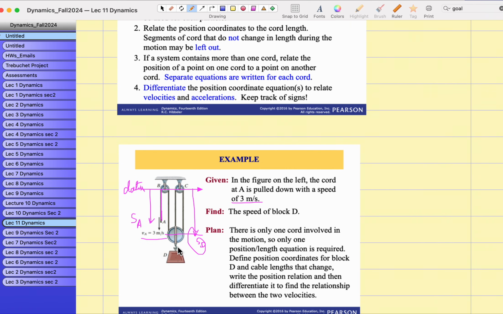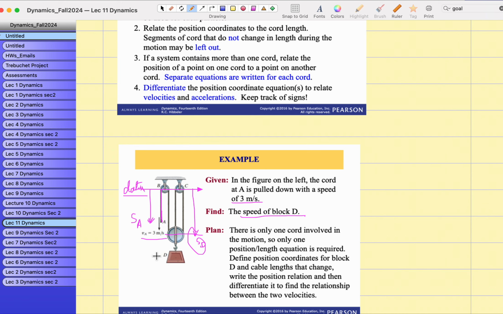Let's do one problem. In the figure on the left, the cord at A is pulled down with a speed of 3 meters per second. You have to find the speed of the block D. So you'll see what I'm gonna do here. I will select a datum line passing through the fixed pulleys' centers, and then I will select the position of the point A from the datum line.